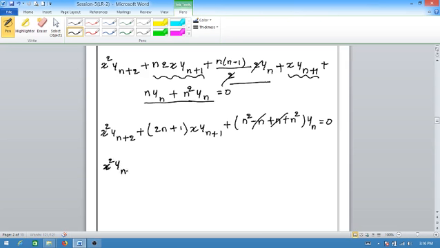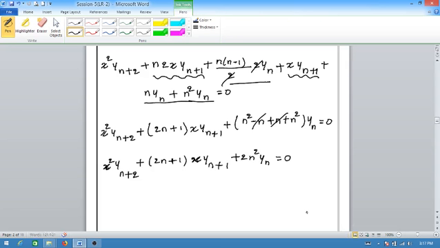x square into yn plus 2 plus 2n plus 1 x into yn plus 1 plus n square plus n square is 2n square, so I have to write 2n square into yn is equal to 0.